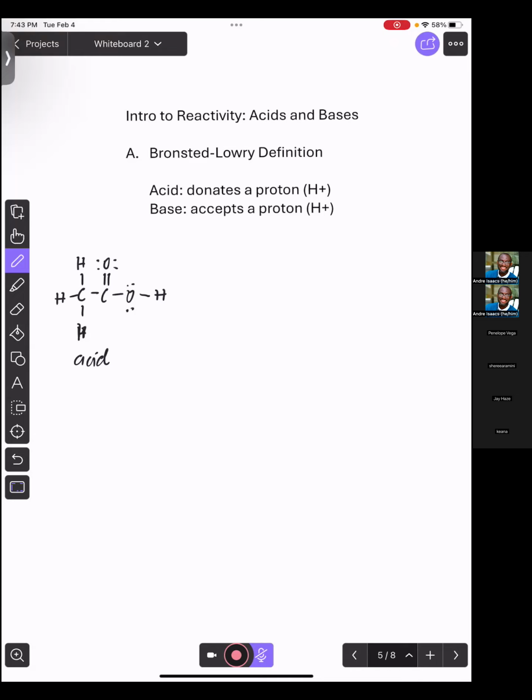I see it in the chat. Yes, a very high electronegativity difference. Remember now, let's go back to electronegativity. Electronegativity is the atom's desire to pull electron density to itself, right?